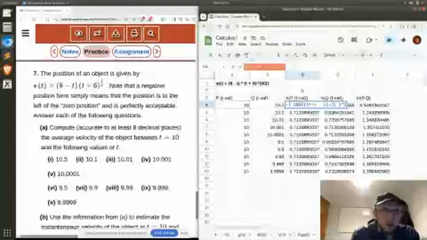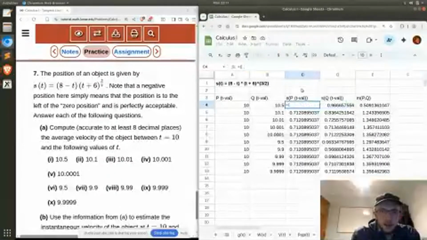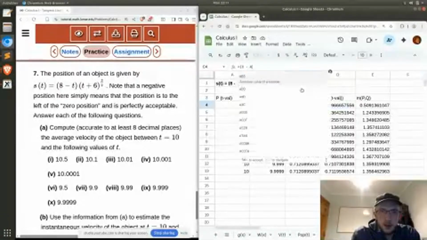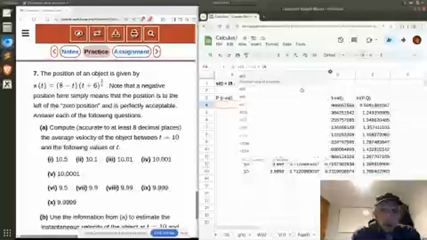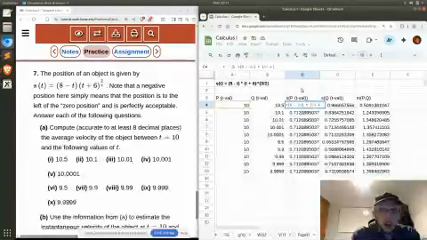A4 is the focus here. So 8 minus A4, that's the first one. The next one, A4 plus 6, and that'll be raised to 3 over 2.